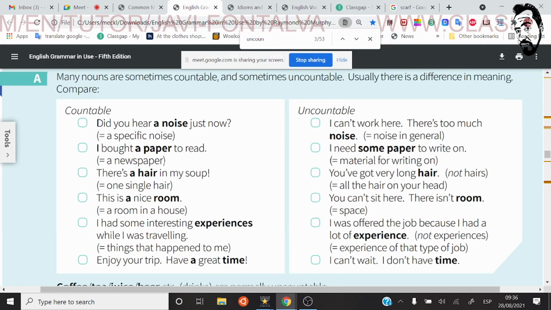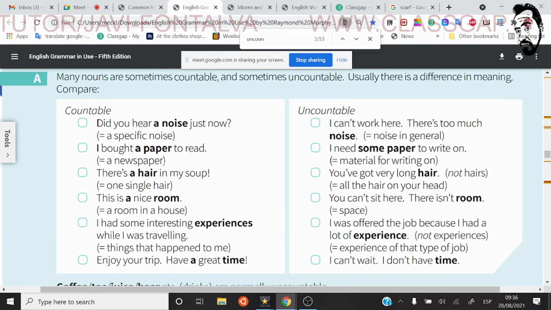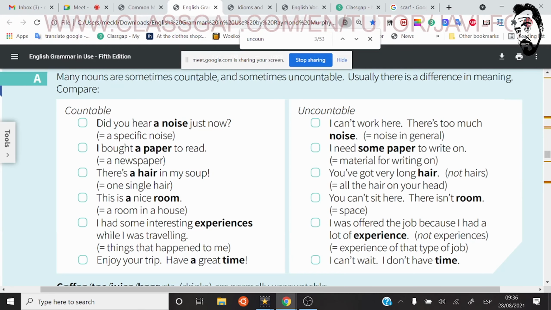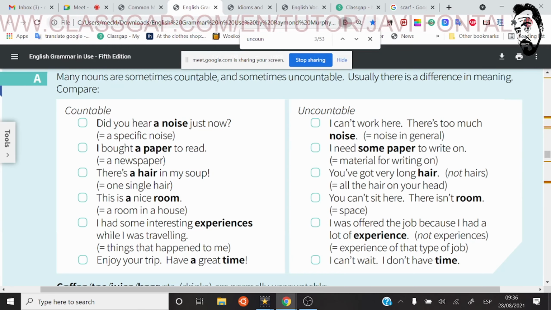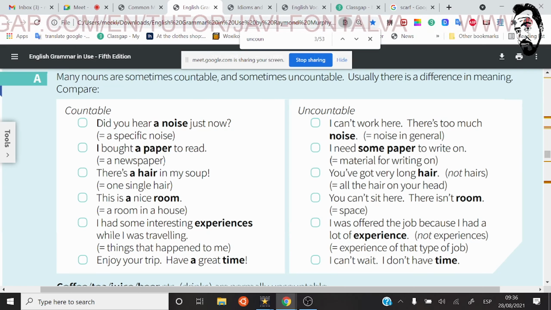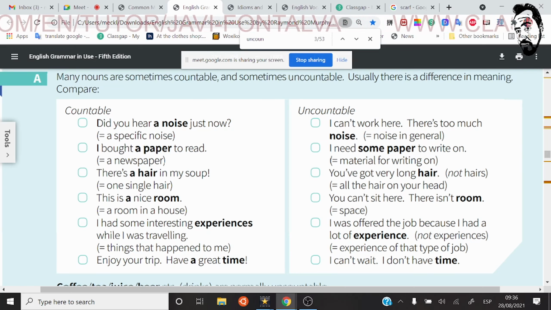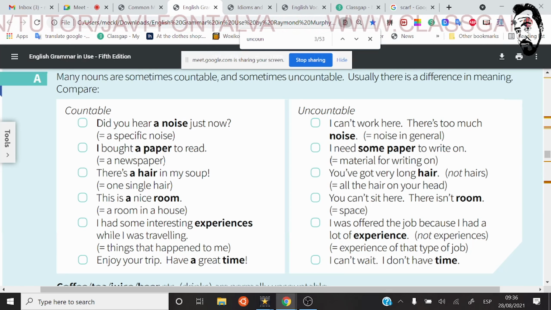By the way, if you want to talk about one of these, we say a piece of paper, or a sheet of paper. And some paper is also possible. You could also say a little paper, an amount of paper. But if you say a paper, you mean a newspaper.